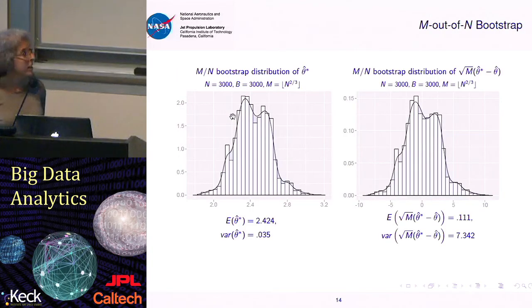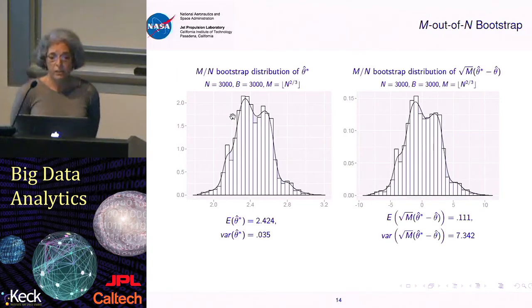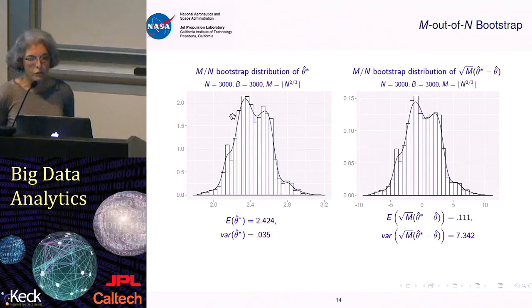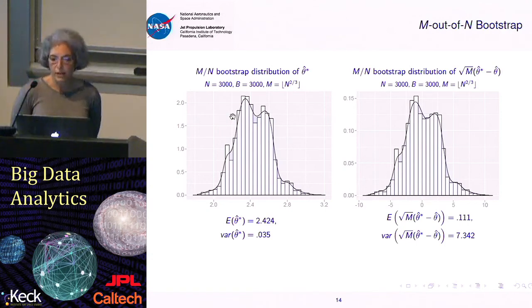If you recall, I didn't emphasize it, but the sampling distribution, in other words, the form of this histogram and the density curve overplotted on it, for the ordinary bootstrap, was pretty ugly looking. It seemed to have a couple of modes, and it really didn't look very pleasing. Here are the results for the M out of N bootstrap. I think I'll direct your attention immediately to the right side of the page because that's the one that we can easily compare.